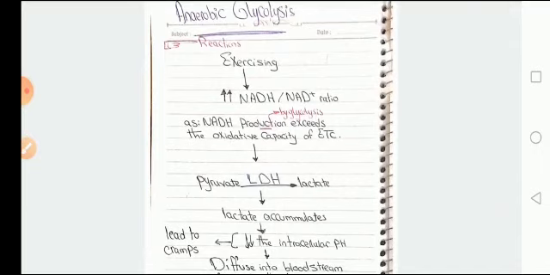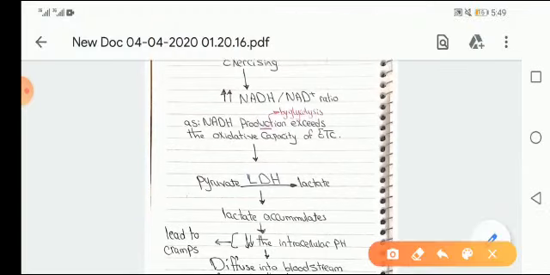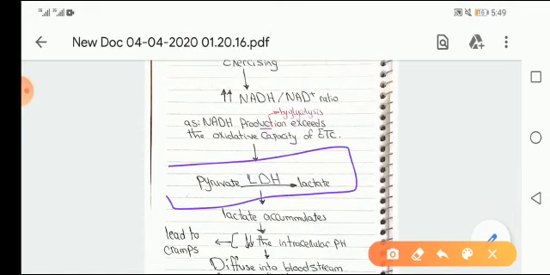How do the cells compensate for this problem? By shifting from aerobic glycolysis to anaerobic glycolysis by conversion of pyruvate to lactate via the LDH enzyme. Here lactate is the end product, unlike aerobic glycolysis where pyruvate was the end product.